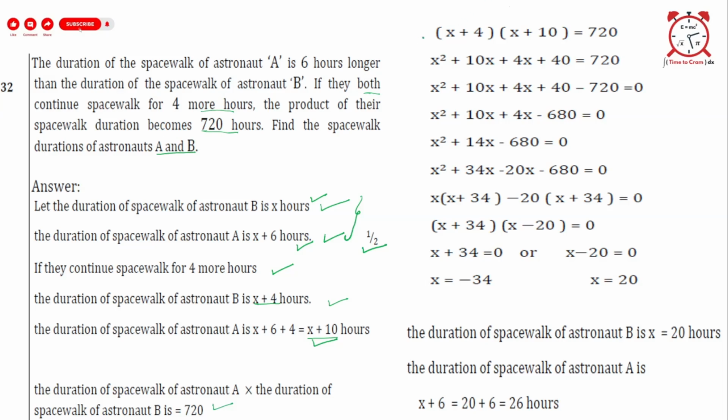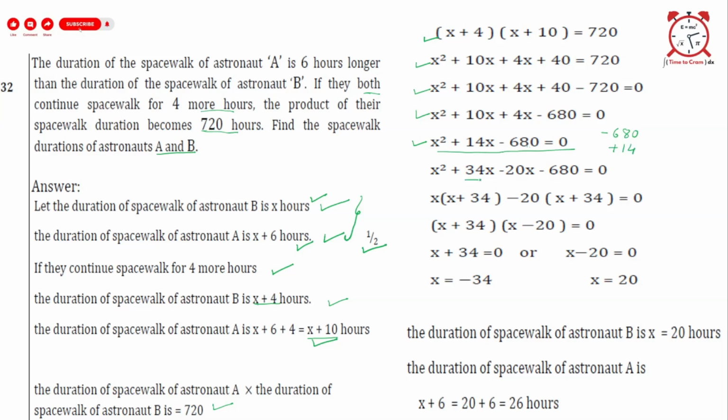So we multiply them and simplify; you can see all the steps of the simplification. Then we get the quadratic equation x square plus 14x minus 680 equal to 0. Now by the splitting method, we have to factor minus 680 such that we get plus 14 as the middle term.